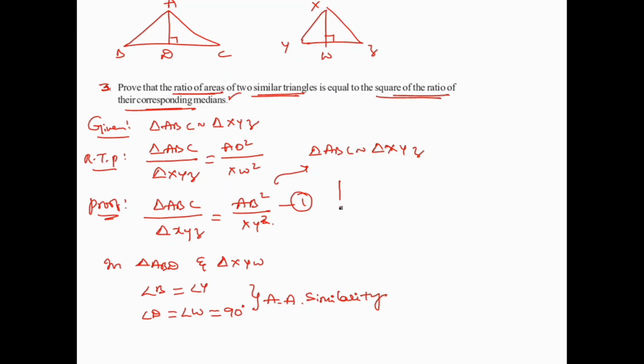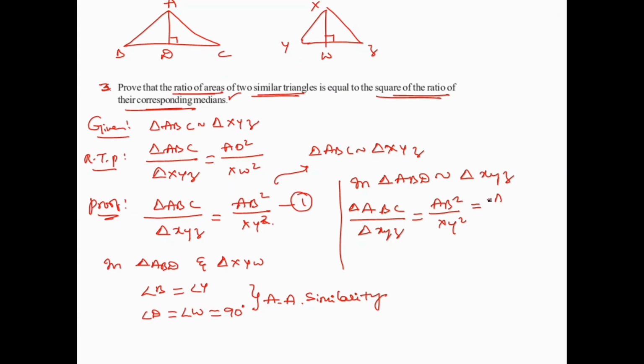So similarly, what can I take? Let me assume the other triangles, that is triangle ABD is similar to triangle XYW, as we have observed here. So I can write triangle ABC by triangle XYZ is equal to AB square by XY square, as in the first equation.